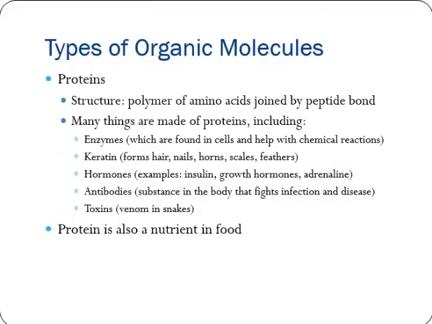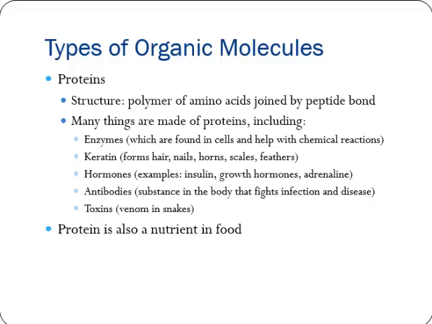And finally, our last type of organic molecule is proteins. Proteins not only give us energy, they also are a necessary component of many of the different things that we need in our body in order to function properly. The structure of a protein is a polymer of amino acids joined by peptide bonds.